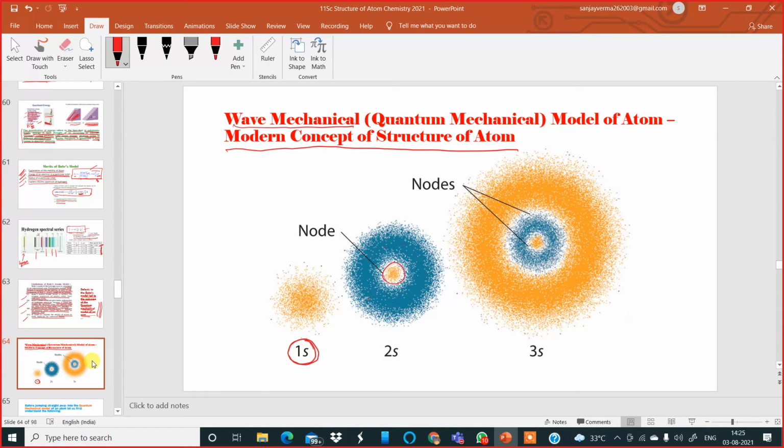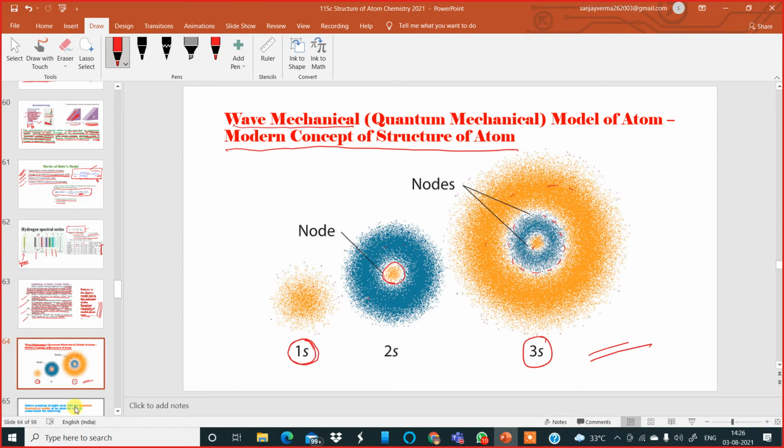Then there is 3s orbital. And there are nodes, empty space here and over here. So this concept has been explained by the quantum mechanical model of an atom, where now the electrons are believed to be present in an electron cloud. The probability of finding an electron around the nucleus is the electron cloud.